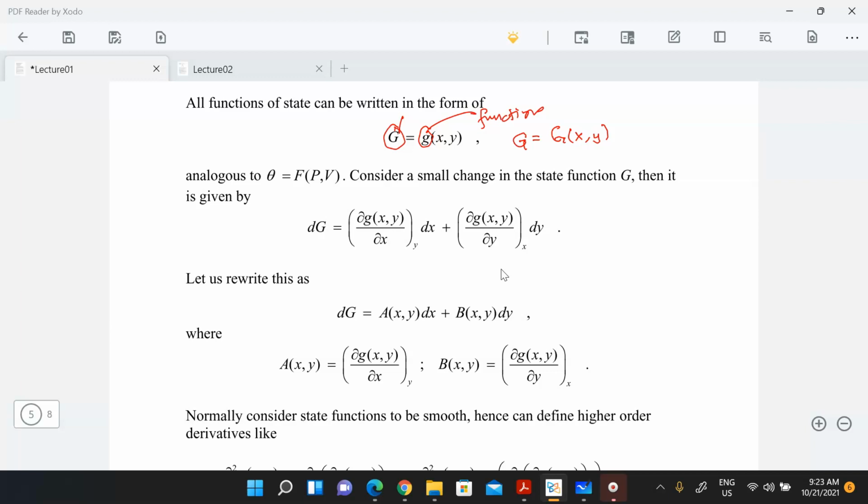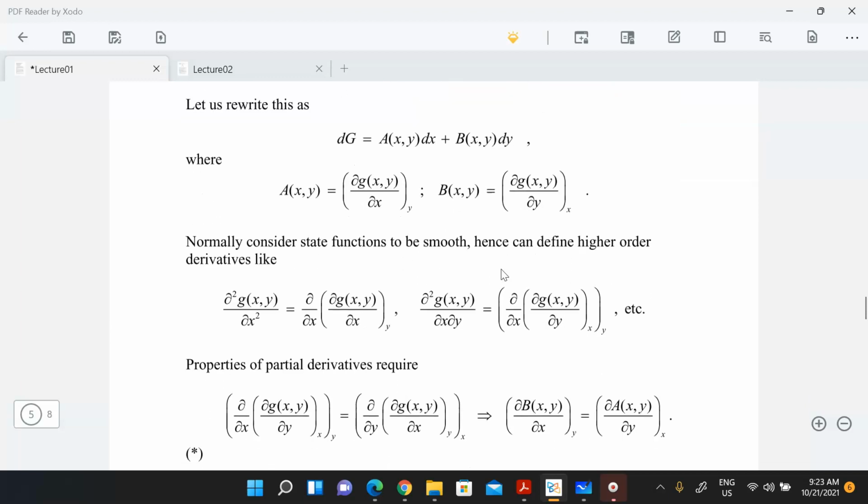So in this particular case, you have the second order derivative of g with respect to x twice, which is equal to the partial derivative with respect to x of the partial derivative of g with respect to x earlier.